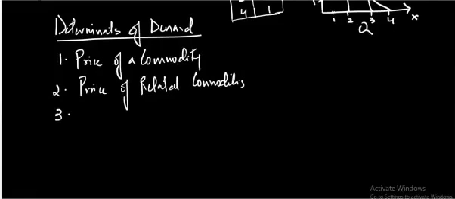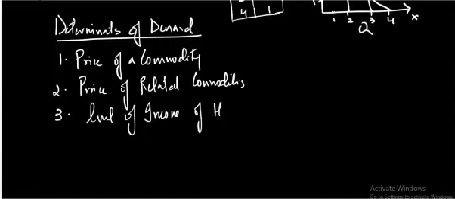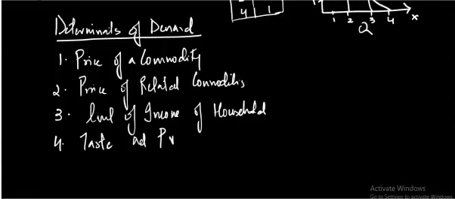The third one is the level of income of the household. The fourth one is the tastes and preferences of consumers.